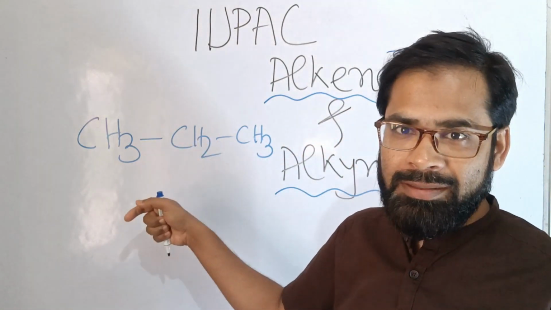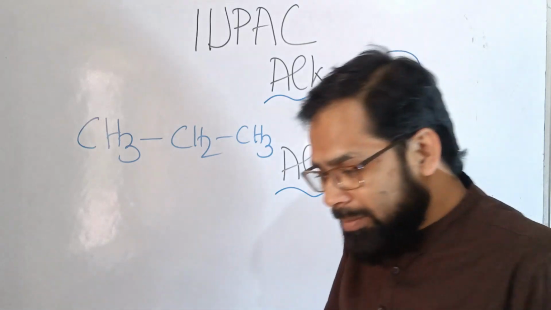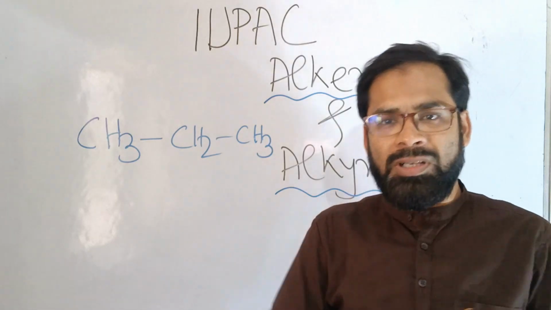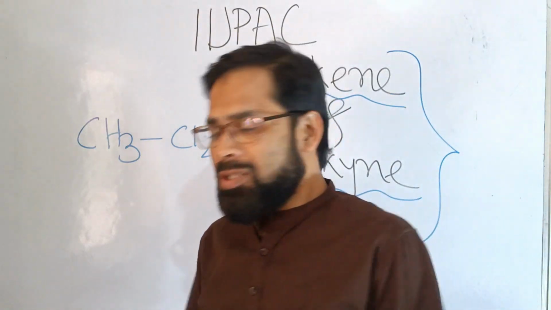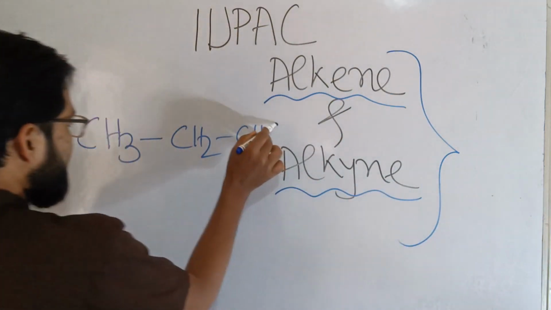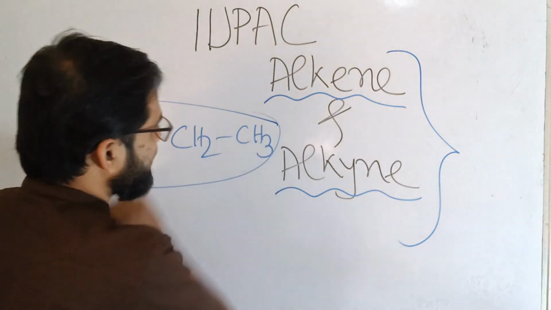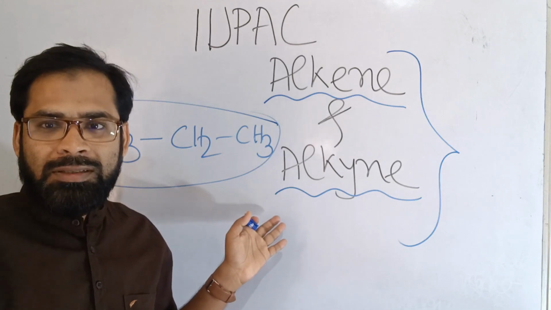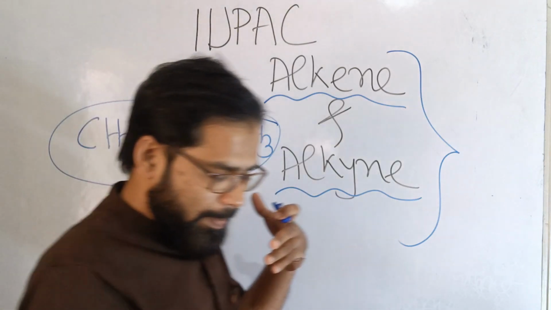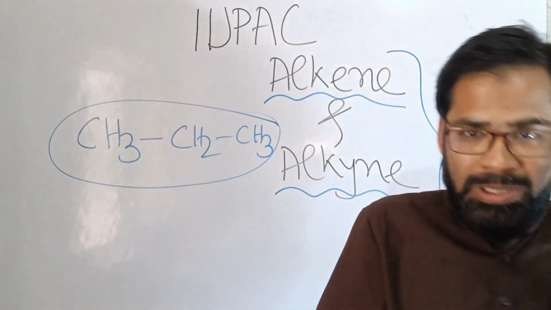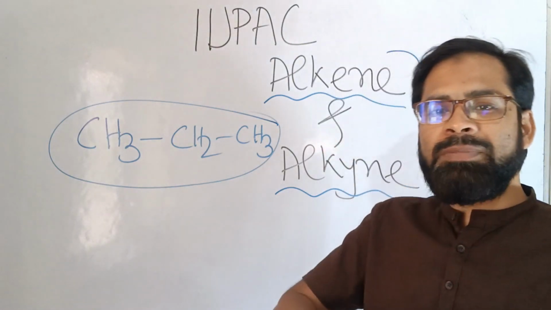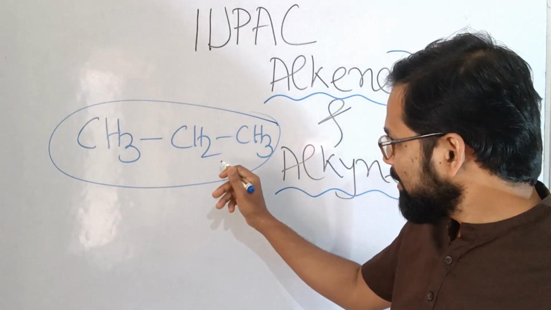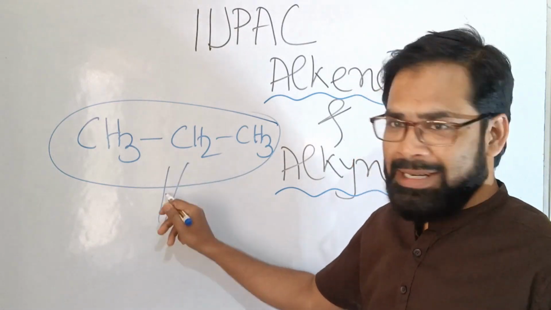Reactivity is very less. Whatever the normal reagents we use for chemical reactions, the reactions do not occur at normal temperature and pressure. If we do not change the temperature and pressure drastically, that's why this is less reactive.